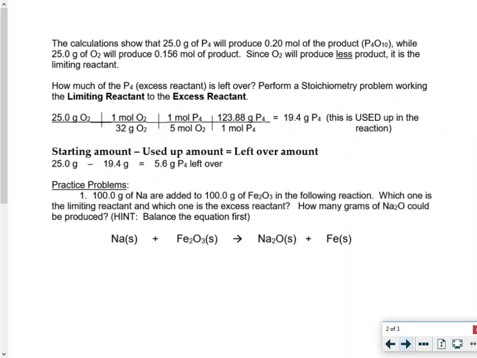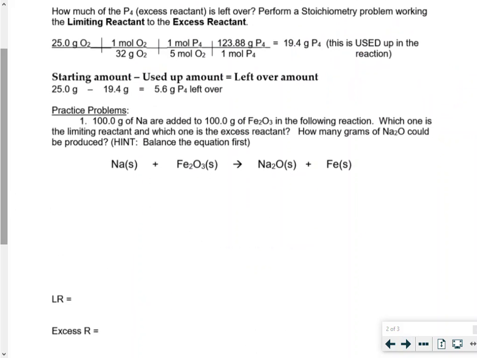All right, so there's more notes here, but I'm going to explain all of these as I work through problem number 1. What you should recognize here, first of all, is that this is going to be different than regular stoich problems in that they're going to give you two numerical values of the reactants to begin with. Like we have 100 grams of sodium, we have 100 grams of the iron 3 oxide.